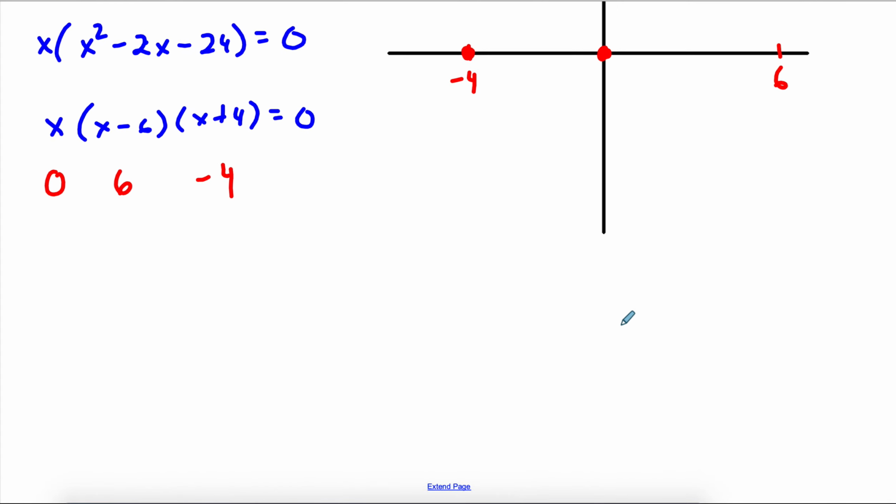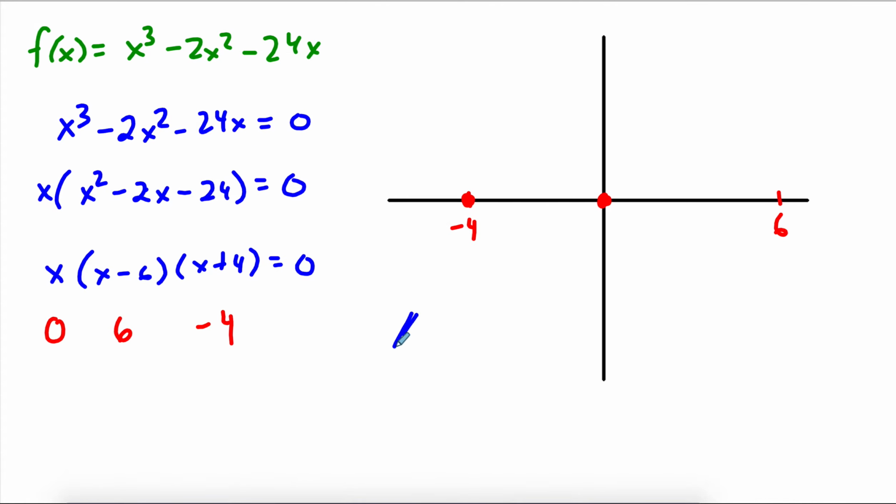So it's going to start somewhere down here and end up somewhere up here. Now once we have that, we want to look at the multiplicity. For our x equals 0, x minus 6, and x plus 4, all of our exponents are 1. So we could put a 1 right here. What that means is at each of these points, our function is going to cross the x-axis.